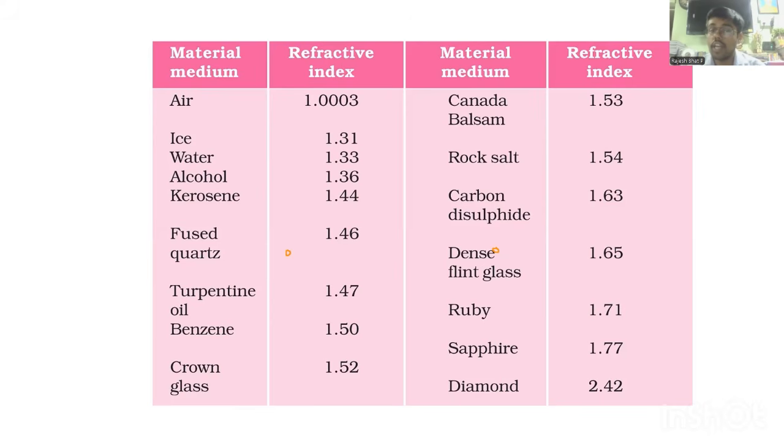Anybody can tell it is benzene. Why? Refractive index 1.50. Lesser the refractive index, lesser the bending, so the speed is higher and light moves easily. Inversely proportional. You need to understand this.